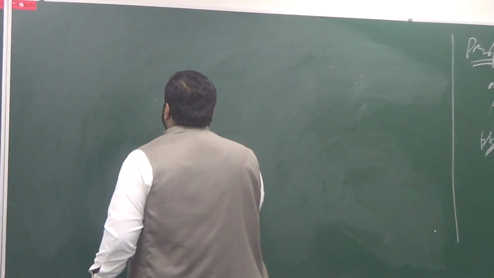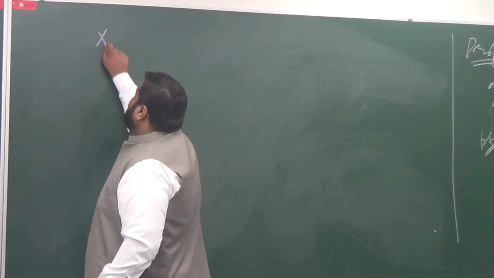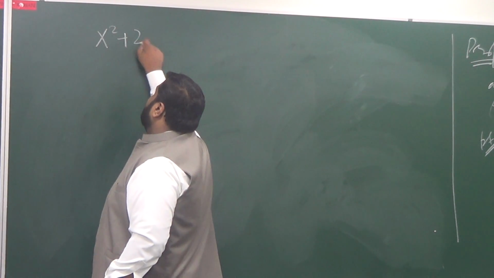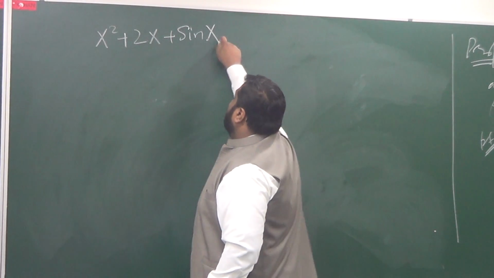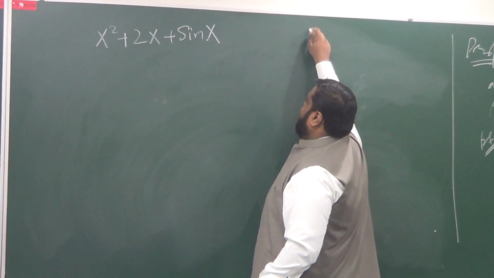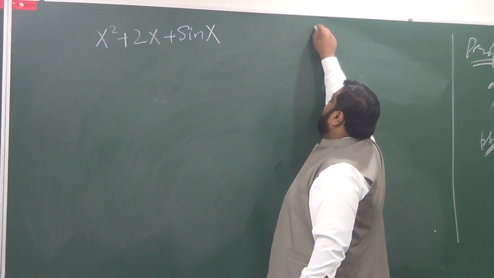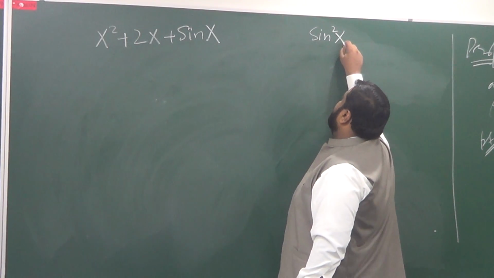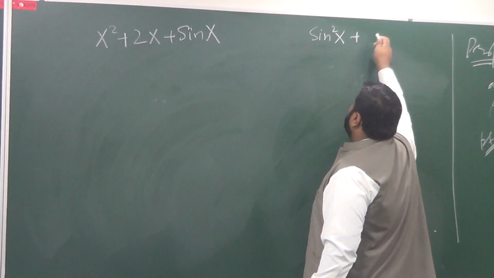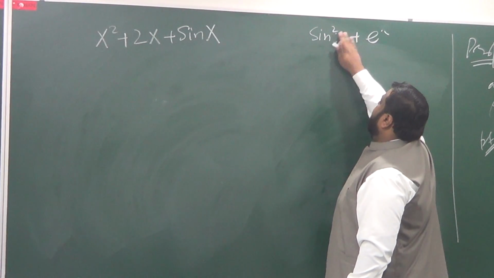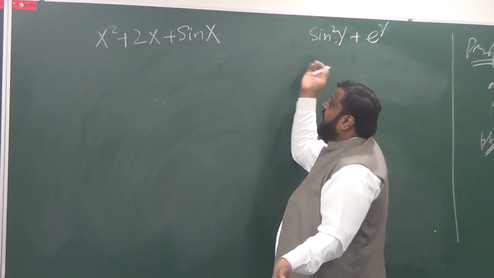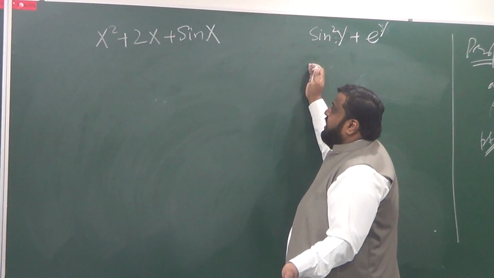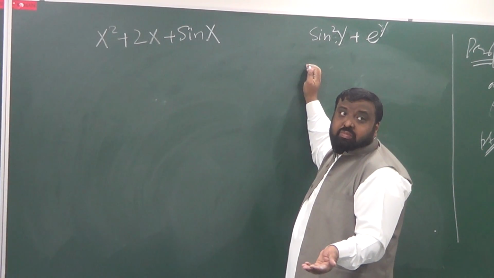When we were starting this chapter, we said: what if I would like to prove that x squared plus 2x and, for example, sin squared x plus e to the y, if you know that x and y are independent, can these two maps also be independent?